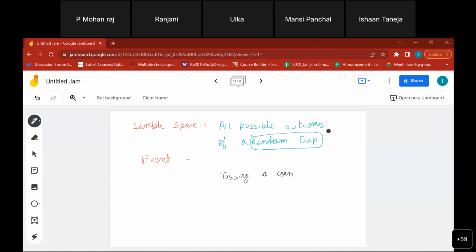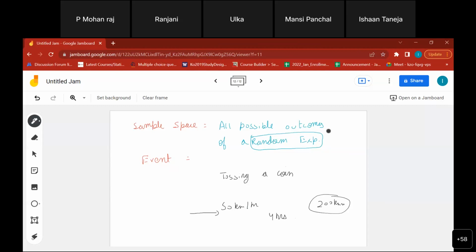We don't know the exact outcome, right? Now suppose I am driving a car at the speed of 50 km per hour, and I drove it for 4 hours. So the distance covered by me in the 4 hours, will it be a random experiment or not? No, because we know that it's going to be 200 kilometers for sure, right? So a random experiment is any experiment in which we cannot say what the outcome will be.